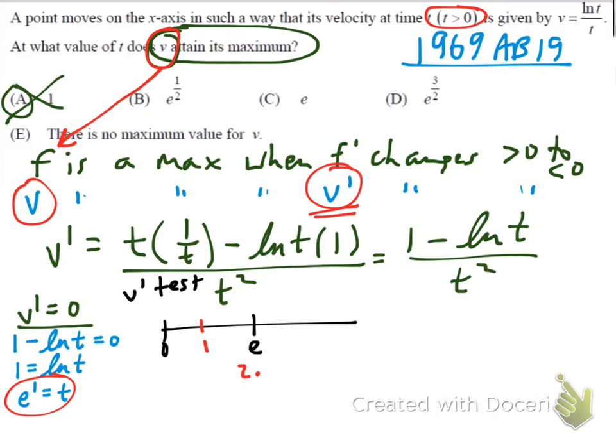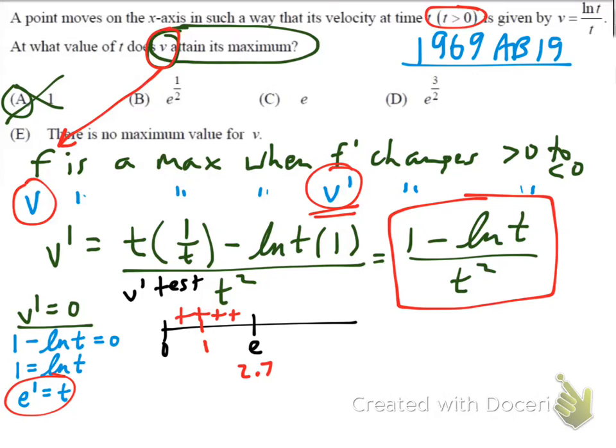Remember, e is about 2.718. And when we plug 1 into our v prime, we get 1 minus ln of 1 over 1. Well, ln of 1 is 0, and 1 over 1 is positive.